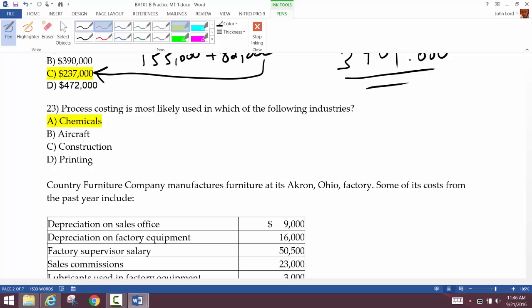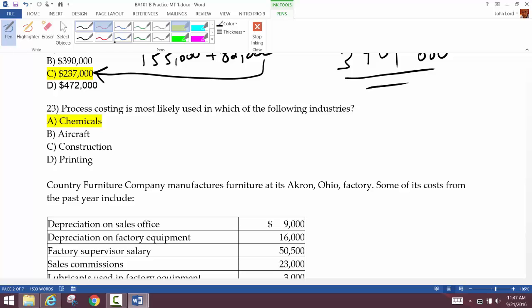So the good way to remember this, again, is to eliminate the ones that are clearly job costing. If what's being produced is coming out uniformly like this, that's process costing. If what's coming out is a little of this, a little of that, that's going to be job order costing, okay?